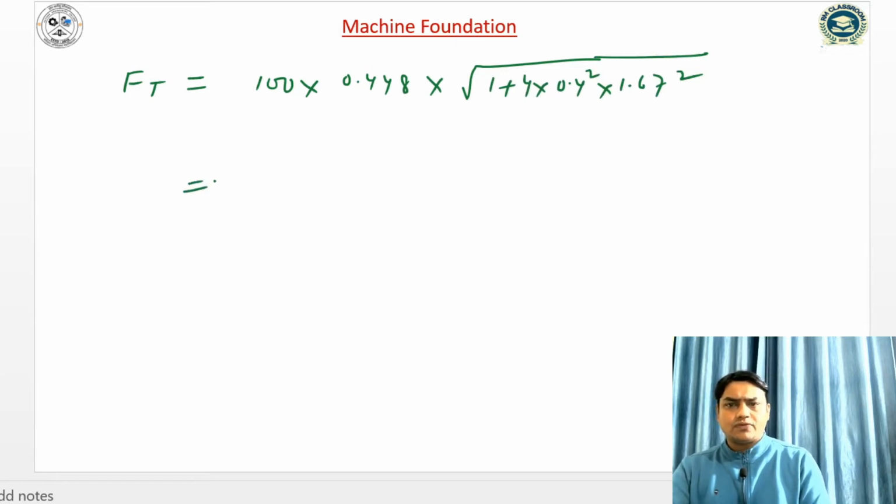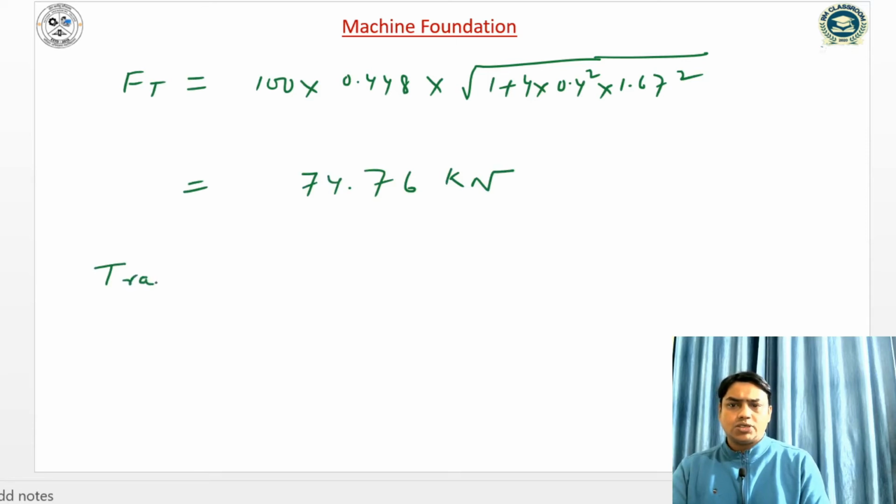So the transmitted force will be 100 into 0.448 into the square root of 1 plus 4 into 0.4 whole square into 1.67 whole square. So it will be 74.76 kilonewton is the transmitted force.